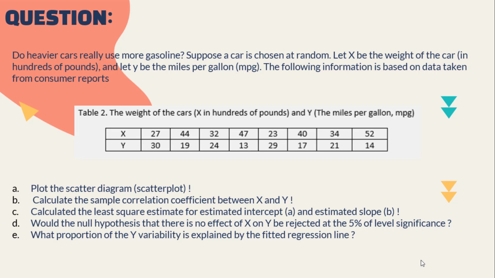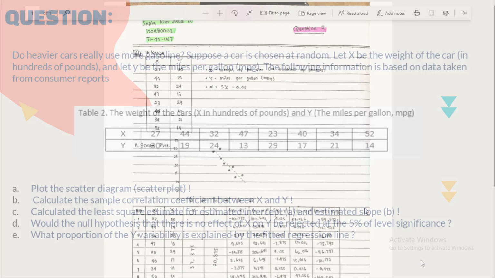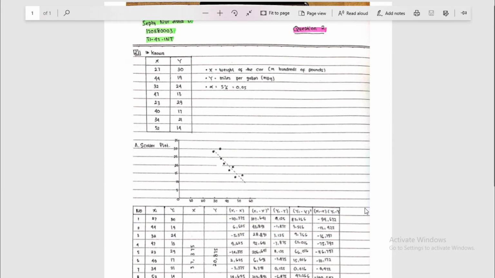What proportion of the Y variability is explained by the fitted regression line? Actually, I have worked question number 2 on paper, but now I will explain the solution using PowerPoint because I want to make my explanation clear.